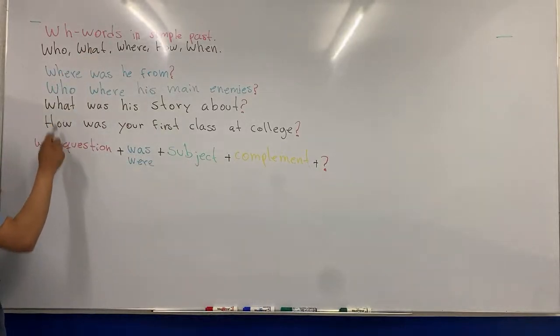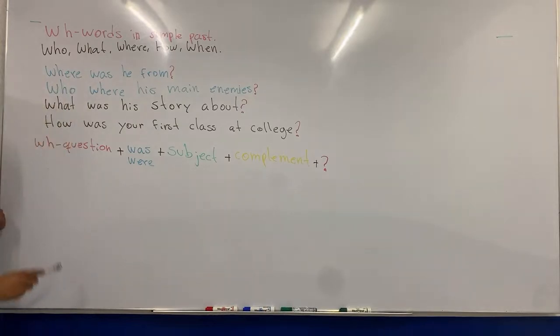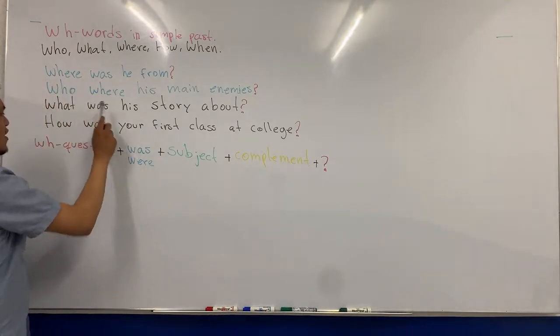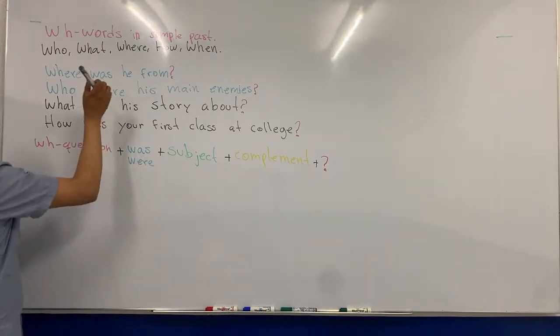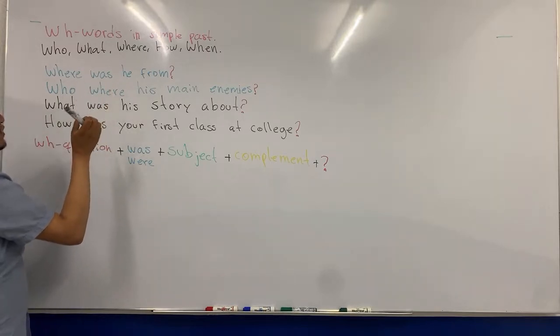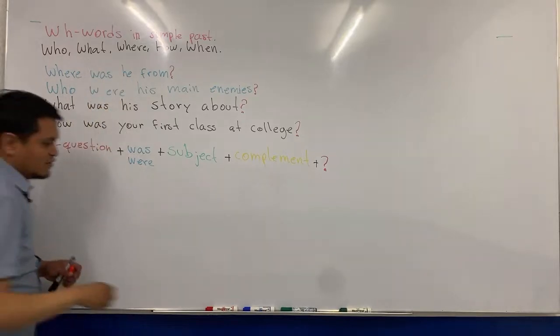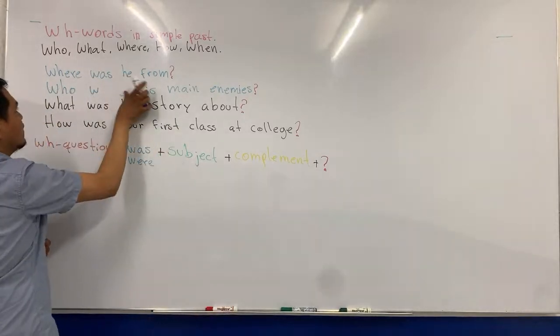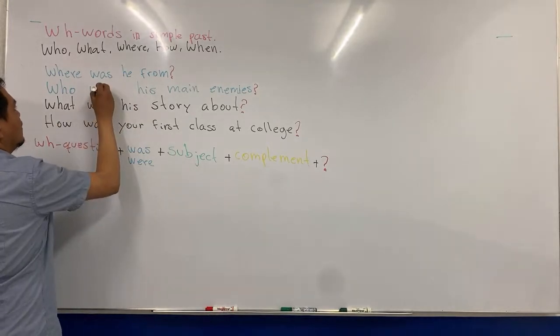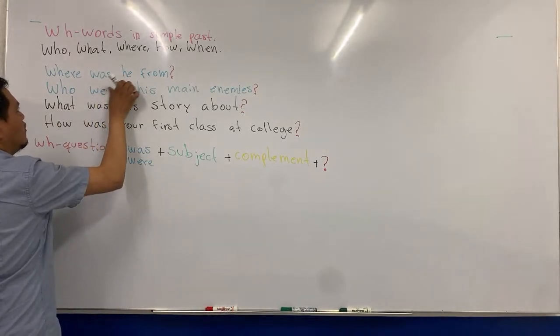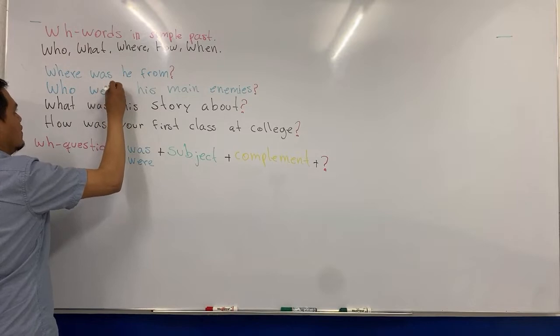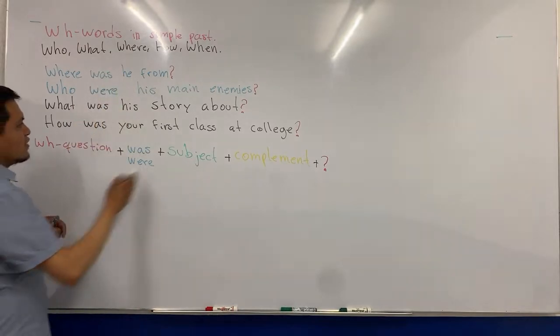WH question, WH question, WH question, WH question. Was, where, who were his, sorry, who were, sorry. Oh, okay. Where was, right?